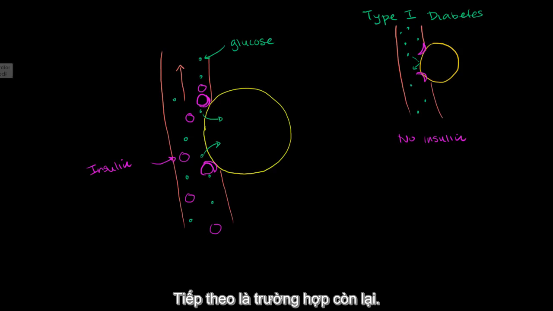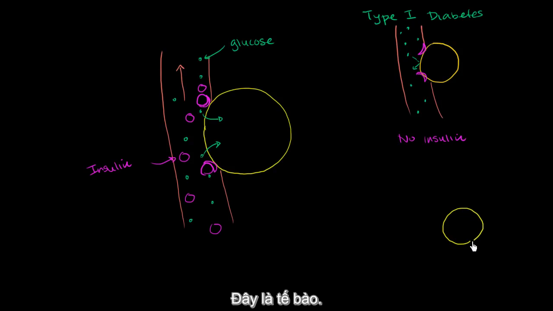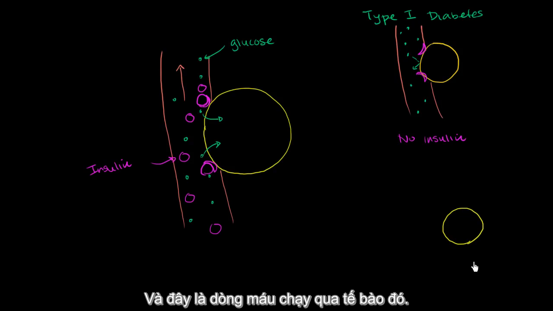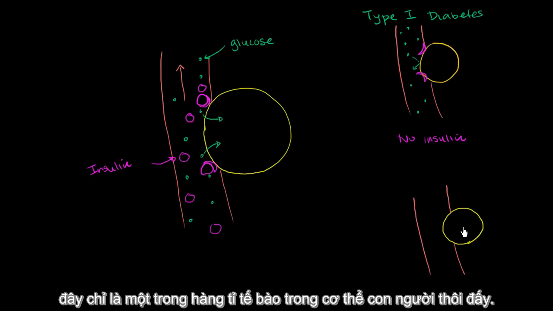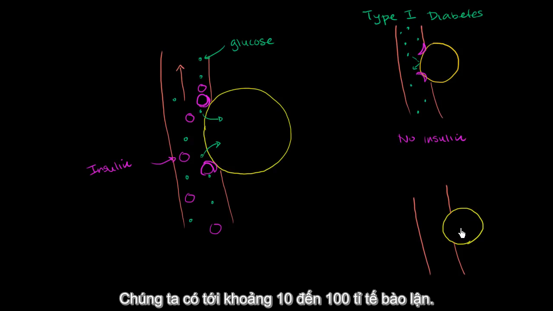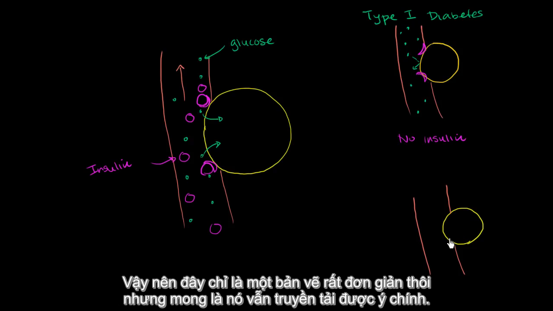The other scenario that you could imagine happening, let me draw the cell again. So there's my cell, and let me draw the blood flowing past the cell. And once again, obviously, this is just one of trillions of cells in the human body. We have an estimated 10 to 100 trillion cells. So this is a very simple diagram, but hopefully it gets the point across.